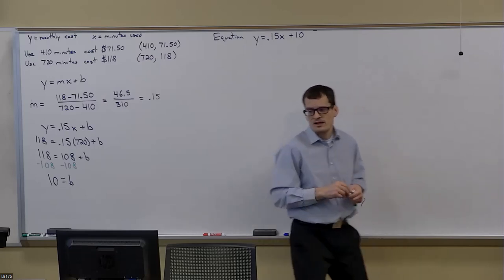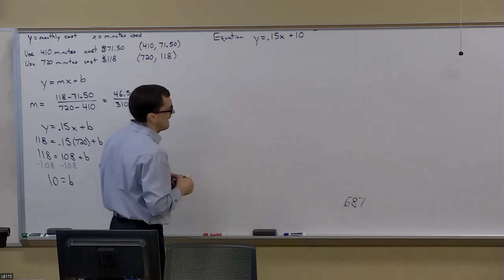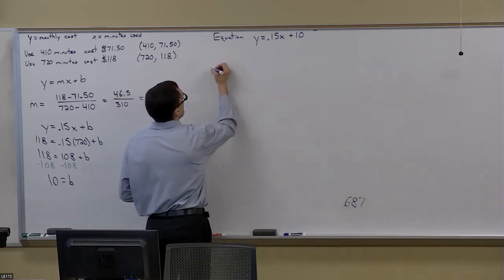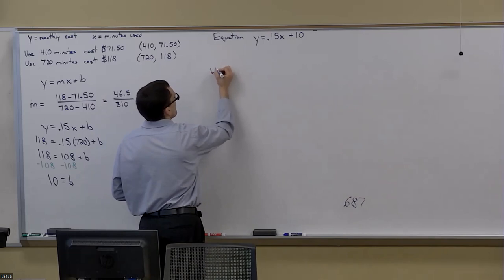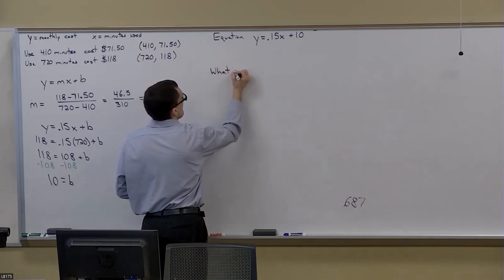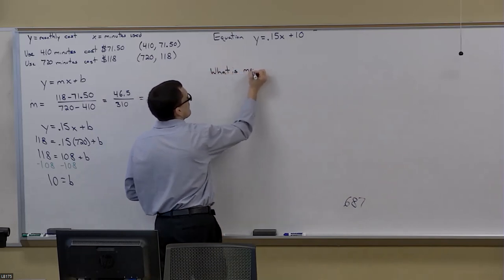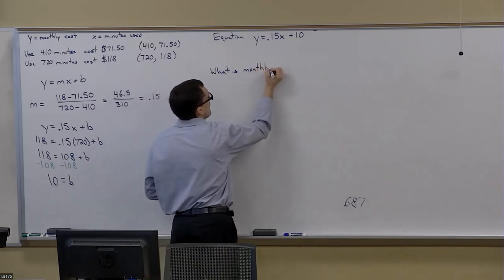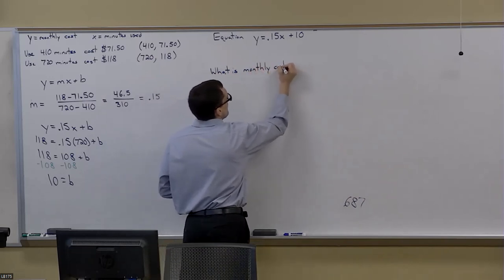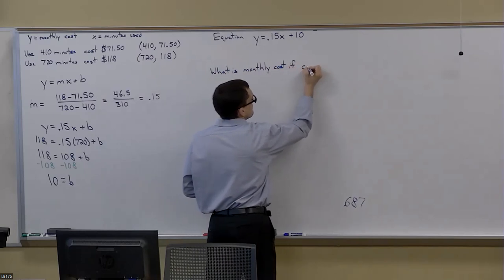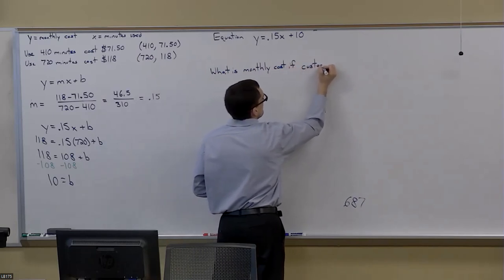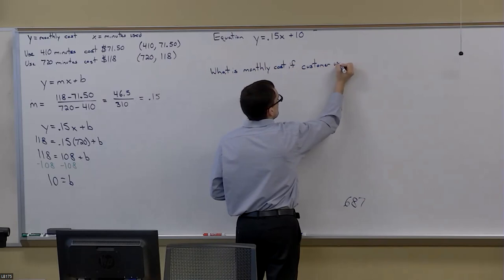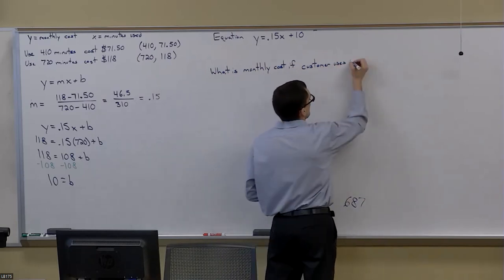Okay. Now the book asks, after we found the equation, what is the monthly cost if a customer uses 687 minutes?